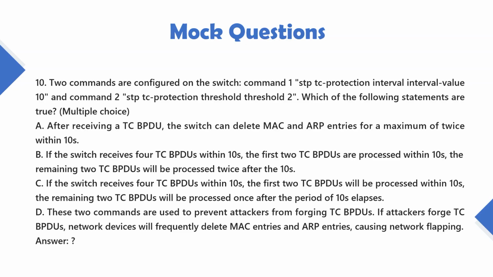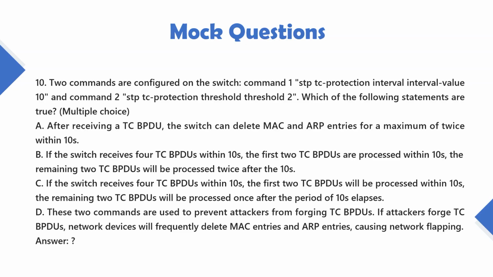A. After receiving a TC-BPDU, the switch can delete MAC and ARP entries for a maximum of twice within tens. B. If the switch receives 4 TC-BPDUs within tens, the first 2 TC-BPDUs are processed within tens. The remaining 2 TC-BPDUs will be processed twice after the tens.